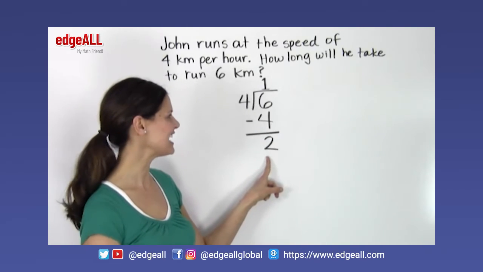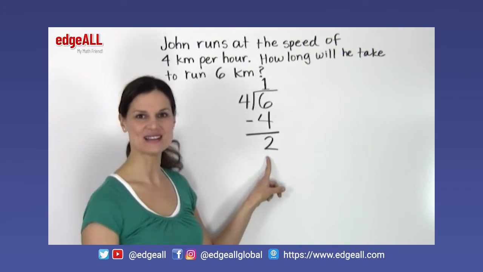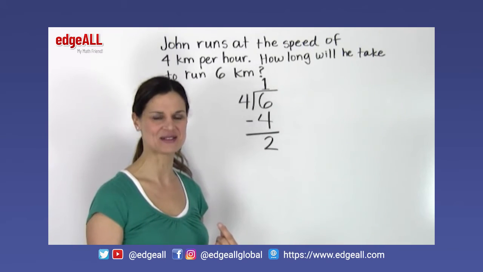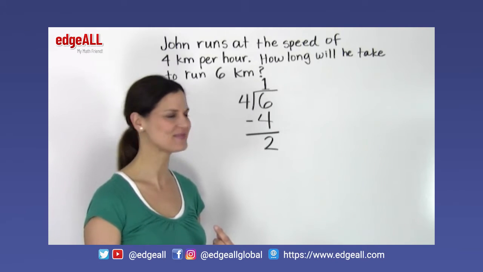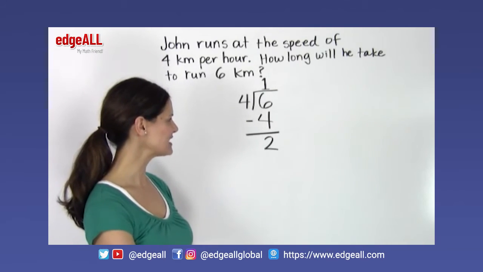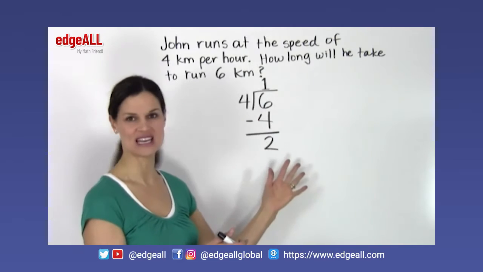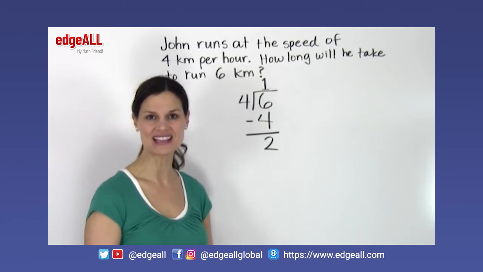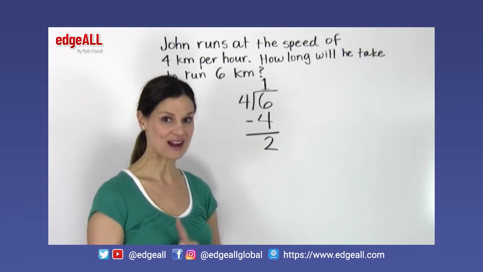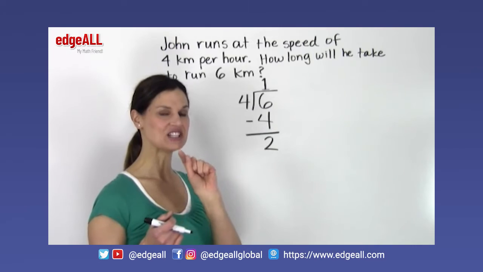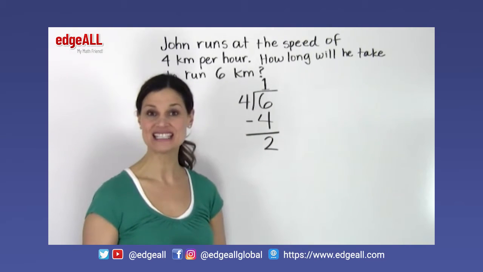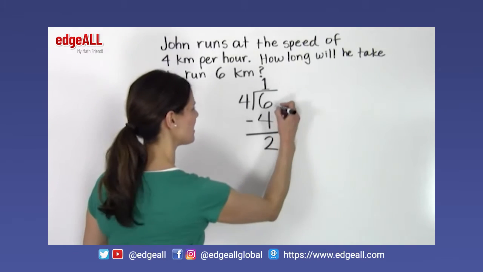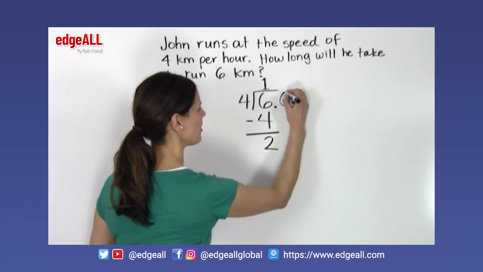Here's where we're going to take a little closer look, and here is where we have a new method that we're going to learn for reporting these answers with a decimal in the quotient. So what I want to do at this point, because I'm kind of stuck, I don't really have any more numbers to pull down. It doesn't appear that I have any more calculations possible. But what I do at this point is I change the whole number 6 to a decimal number of 6.0.